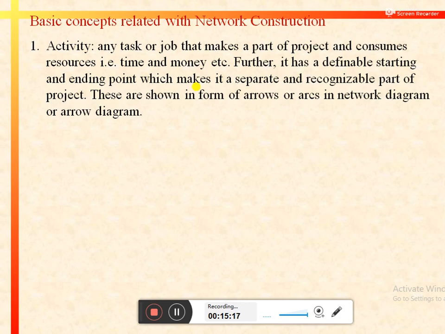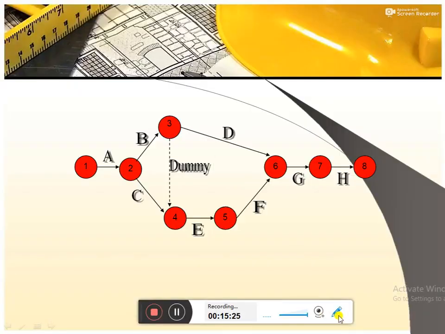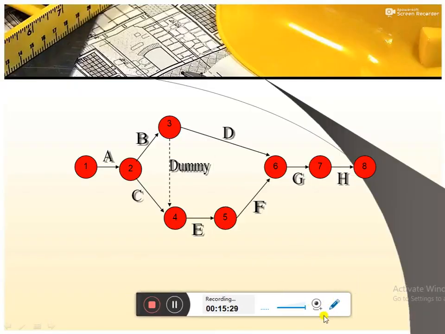Basically, activities in a network are shown in form of arrows or arcs. Like in this diagram, we have different activities that are involved in a particular project. Activity A is denoted with the help of a arrow.